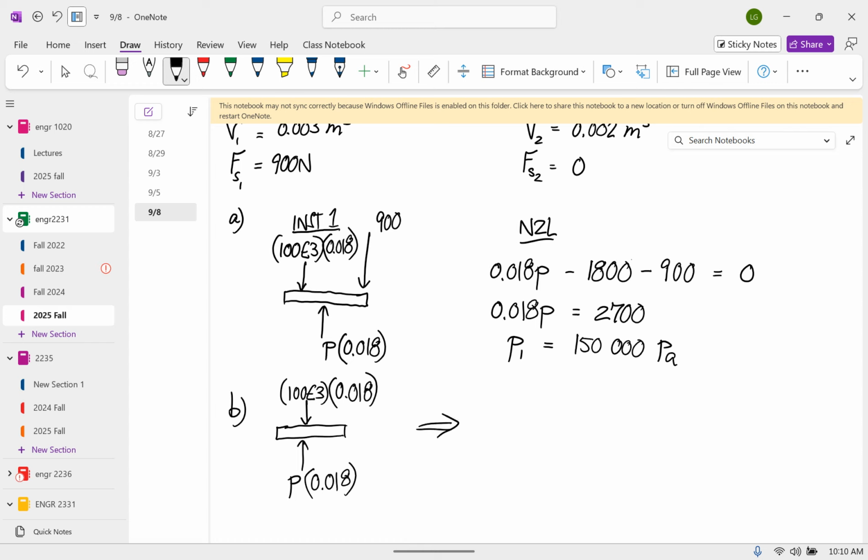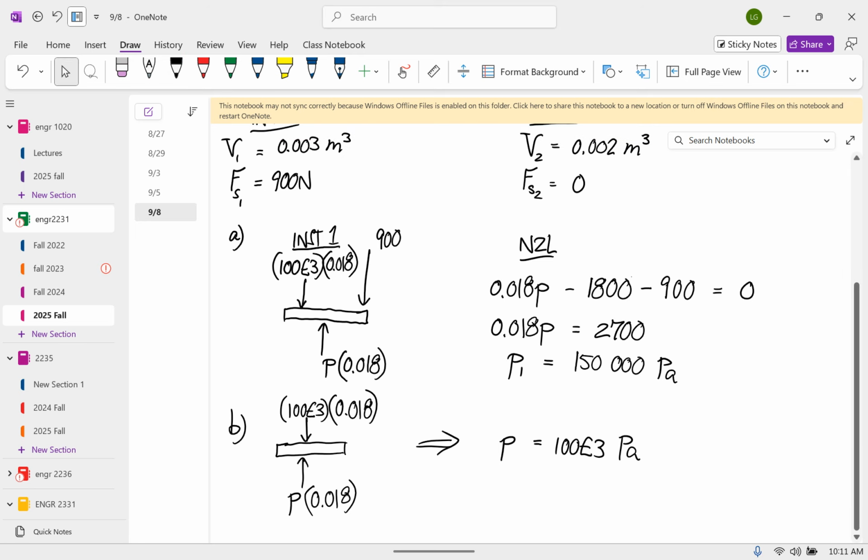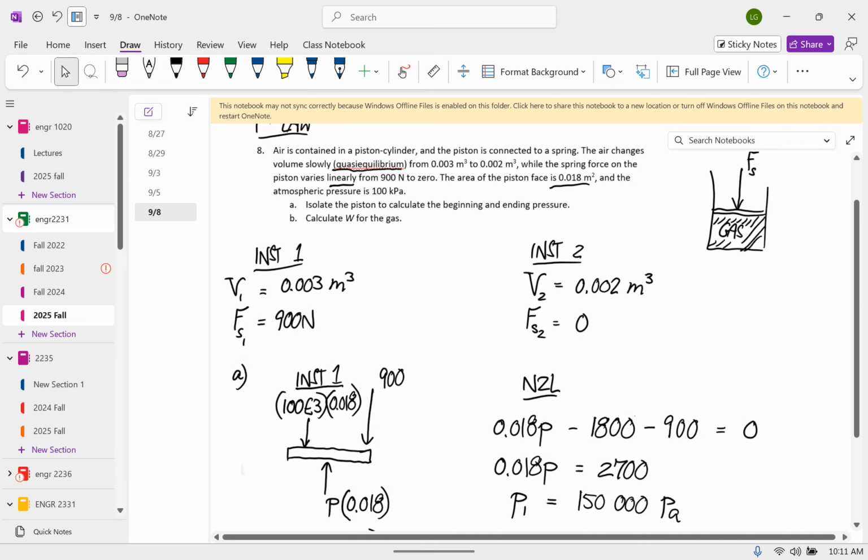And if you go through Newton's second law again, you just get that P here is equal to the atmospheric pressure, because there's nothing else going on there. So those are the pressures of the gas at the 2 instants.